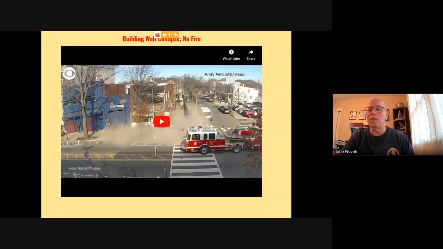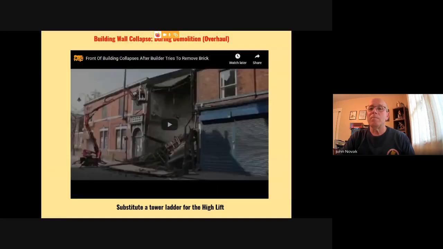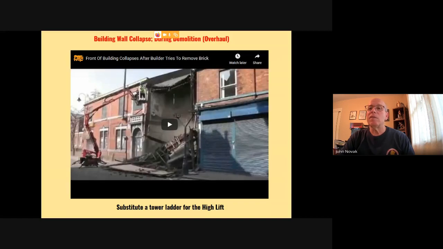I don't know if it was vacant. If it was open to the weather, it was all deteriorated, and again, it collapsed. But just an example of you think you have time to get out of the way, you don't. When it comes down, it comes down. You may never even know it. So keep your head on a swivel out there. Again, know your buildings.